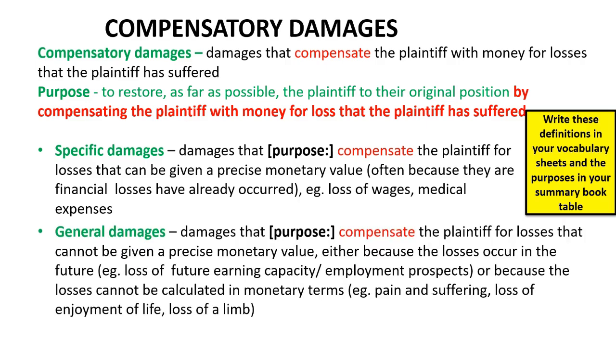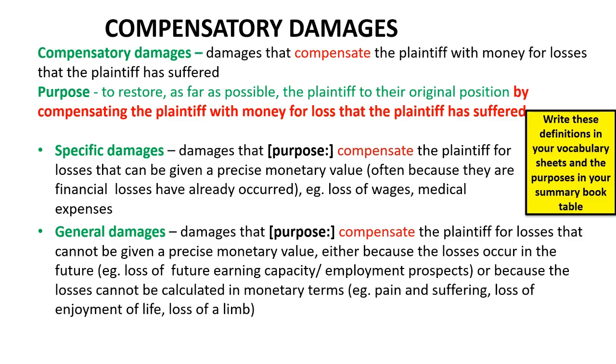The second type of compensatory damages are general damages. General damages are damages that compensate the plaintiff for losses that cannot be given a precise monetary value, either because the losses occur in the future or because the losses cannot be calculated in monetary terms.